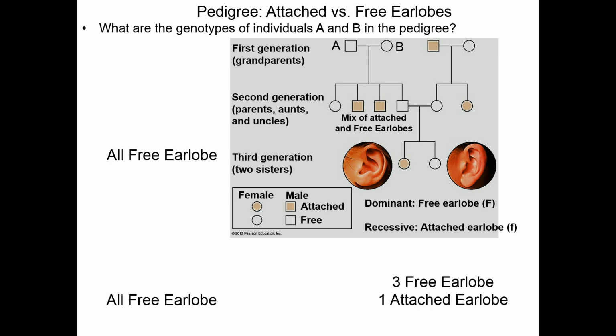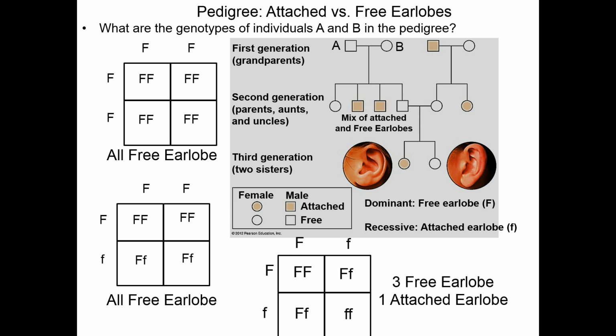What are the possible genotypes for a person who has free earlobes? Well, they're either homozygous dominant or they're heterozygous. Which is it? Here are the possible combinations. Looking at their offspring, they have children that have a mixture of attached and free earlobes.